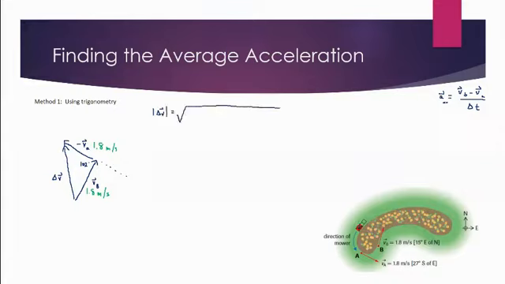So cosine law says we will square root 1.8 squared plus 1.8 squared, minus 2 times 1.8 times 1.8 times the cosine of 102. You do that at home. I'm going to do it right now as well.